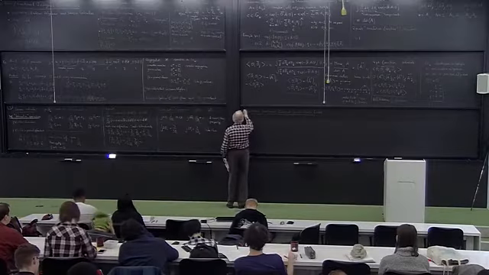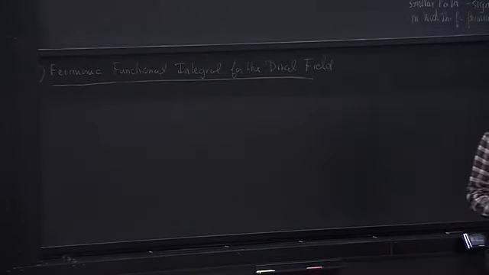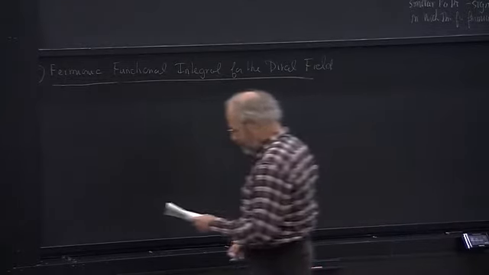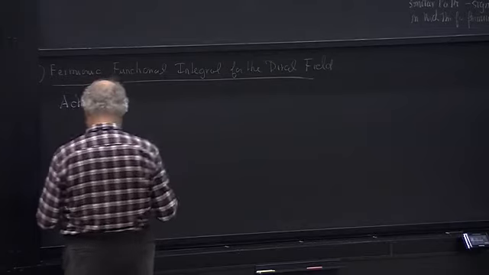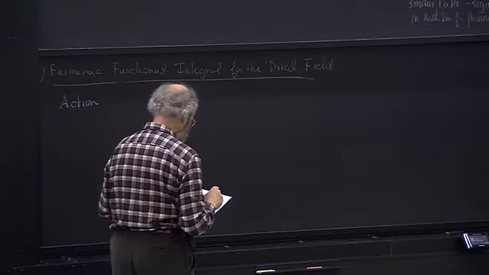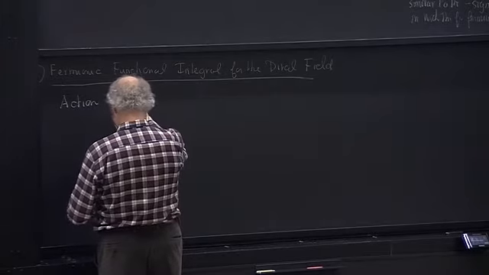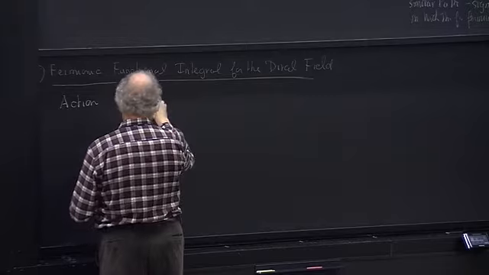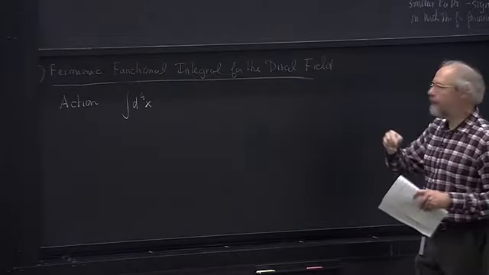Okay, so this is my 6th blackboard. Okay, so remember, what is the action for the Dirac field? So we have an anti-commuting Dirac field, and the action is the integral d4x. I'm going to consider the free field, so no interaction, no coupling to fermions.